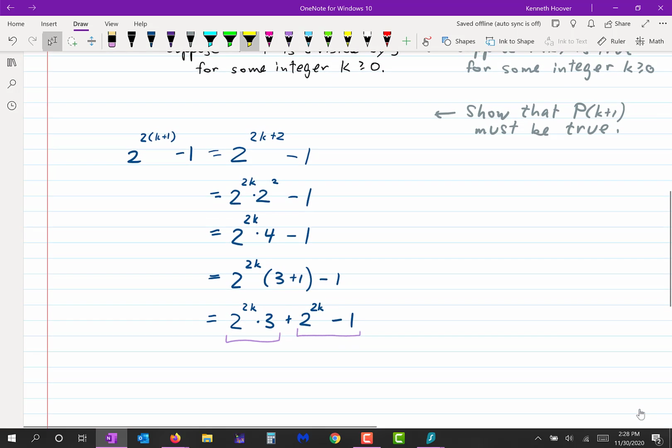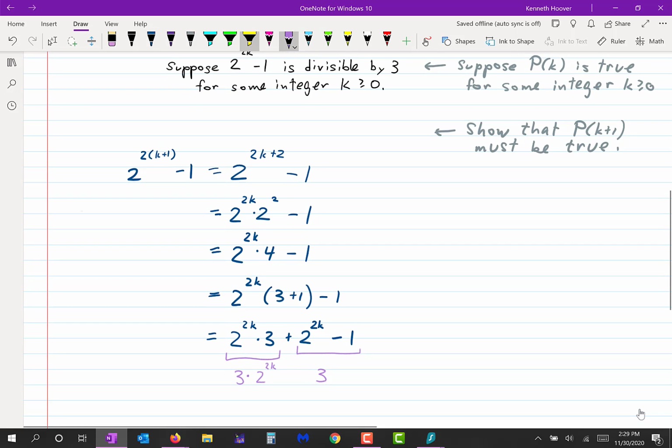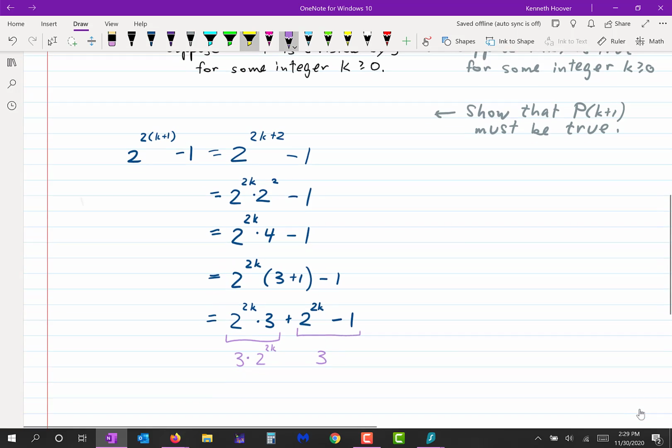So the first part equals 3 times something. The second part equals 3 times something. I don't know what it equals 3 times, but it equals 3 times something because that's our inductive hypothesis.